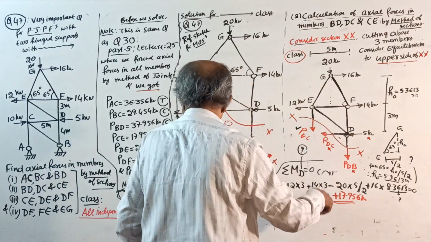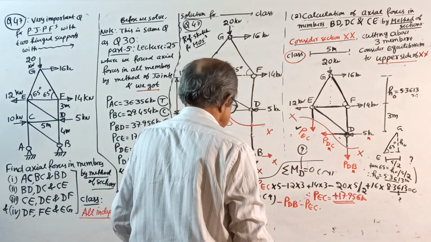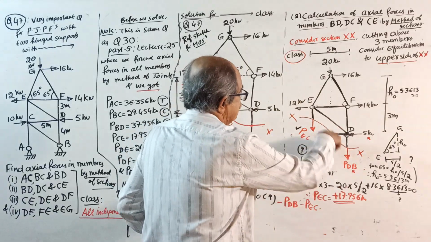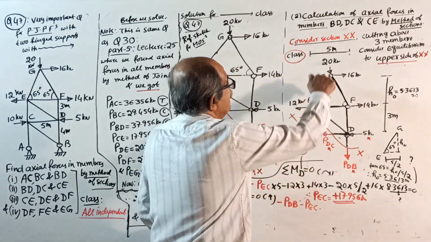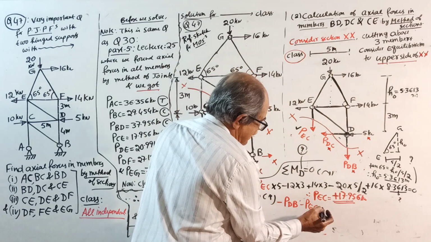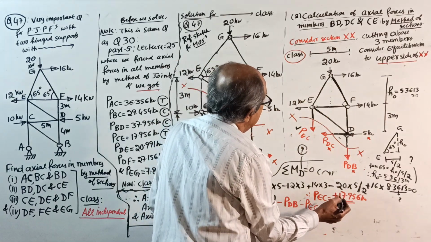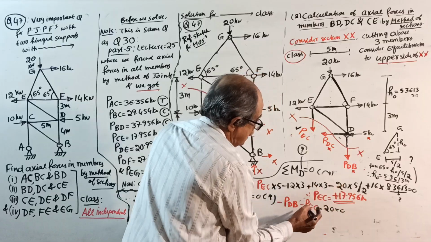Minus PDB minus PEC, minus 20, that's all. Equal to 0.